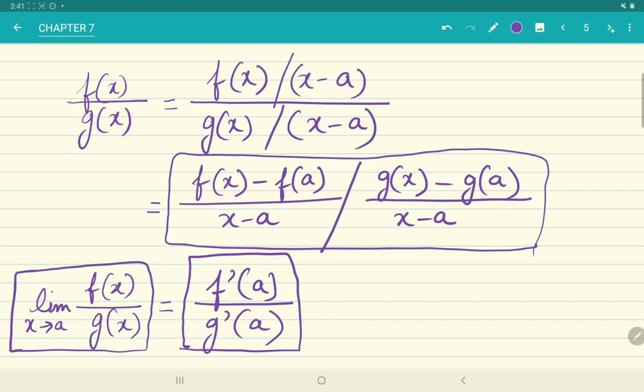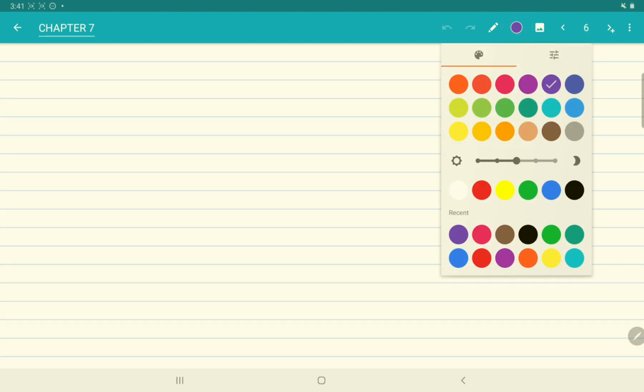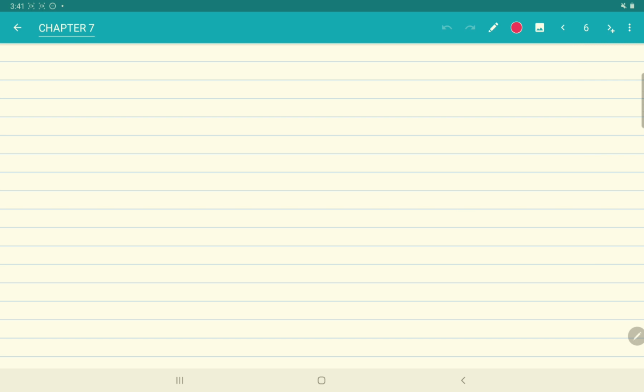And so this is nothing but our L'Hopital's rule. Again, I should write provided g prime a is not equal to 0. So now I can write the simple version of the L'Hopital's rule, that is this.